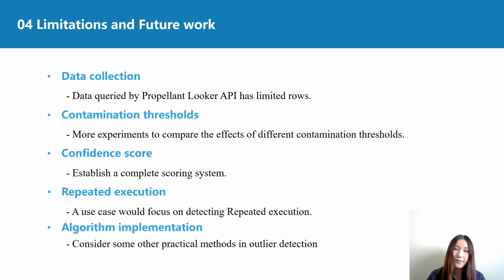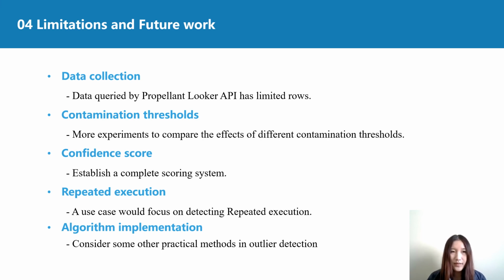To sum up, there are 5 points of limitation for this project, and improvements can be done on them in the future. First, improvements should be done in querying data using the Propellant local API. Second, more experiments should be done to compare the effects of different contamination thresholds.